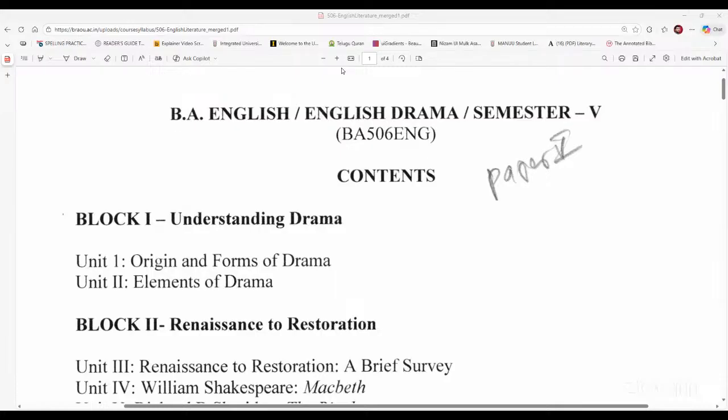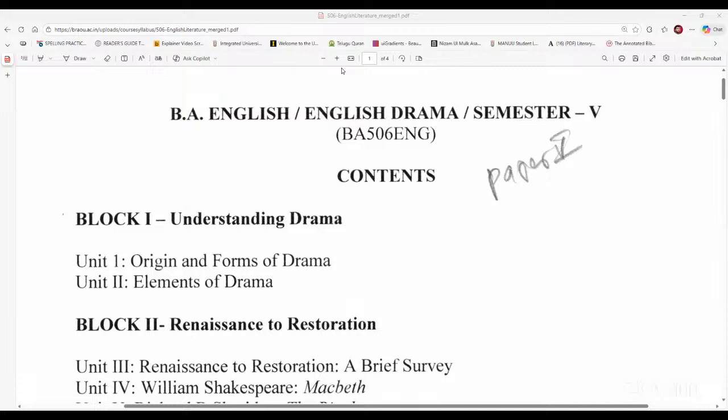We call it a villain in cinematic language. Then there are major and minor characters. Then you have flat characters, round characters. Then you have static characters and dynamic characters. So these are different types of character. In your free time, you can read more about, explore more about these different types of characters. So our point here is, character is the second important element of a drama. Now the third one is dialogue.